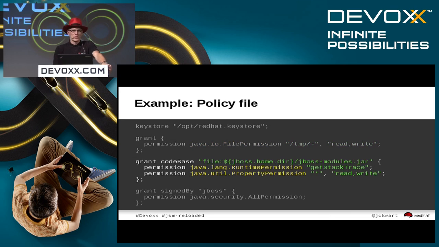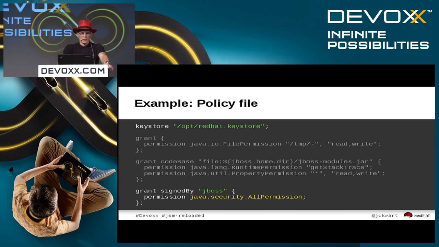The second permission is based on code path, the class path. So I grant permissions to the JBoss modules jar, and I grant these two permissions. And the third permission is based on class signature. First of all, I need to use some keystore where there is a certificate with alias jboss, and based on this alias, I can grant permissions to signed code.